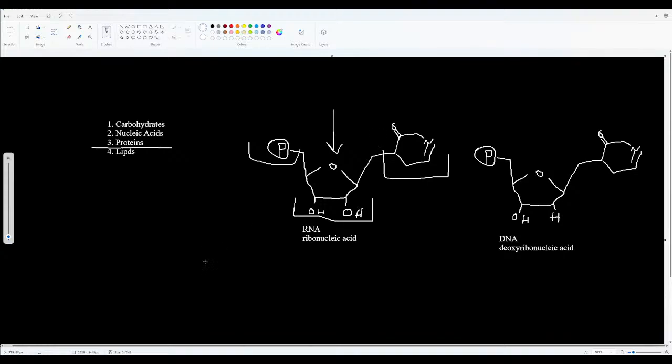The suffix "-ose" means sugar. So we have ribose, and here on this side we have deoxyribose. Those are the sugars that make up the nucleotides, right?